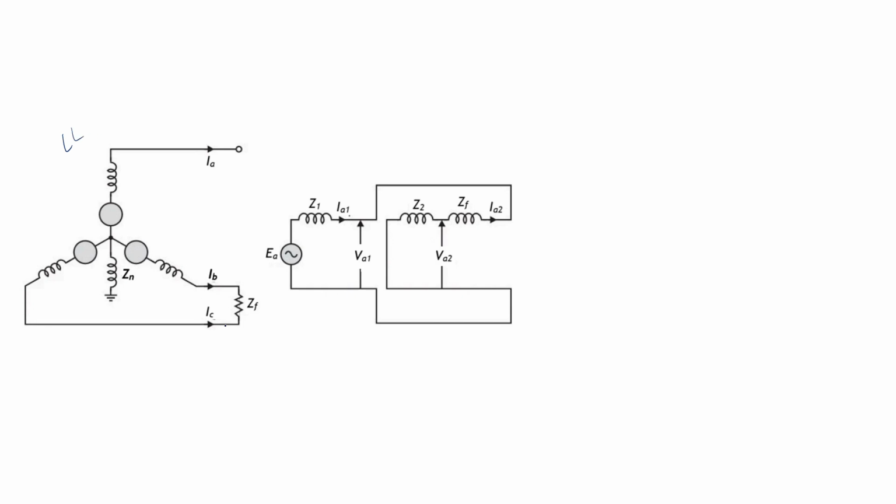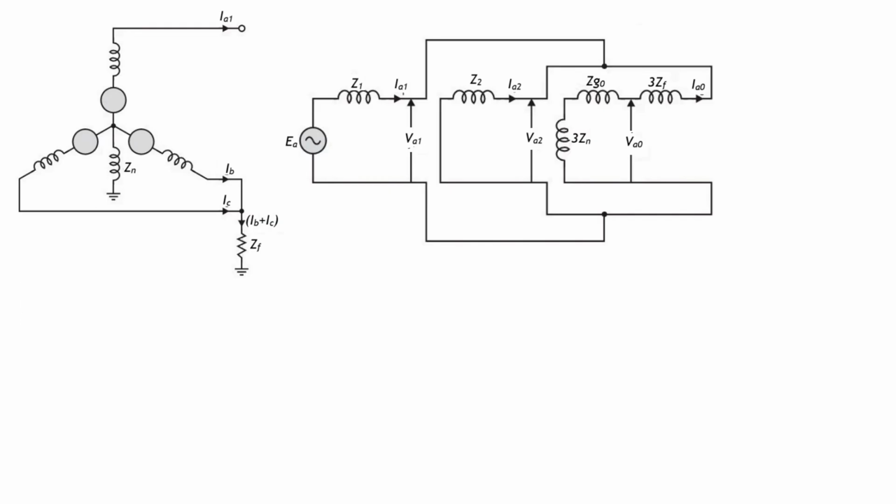Now coming to LL fault. Here we are adding ZF, only ZF. We are not adding 3ZF. Why? Because in this part we don't have any grounding effect. So simply we have ZF. Now coming to LLG fault.